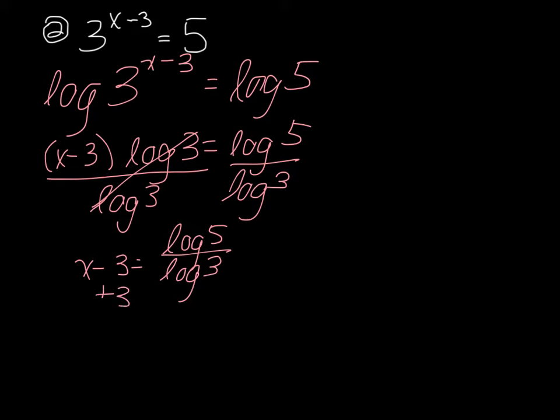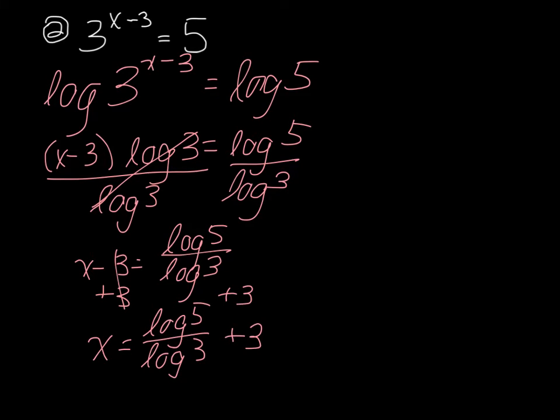To get x by itself, I would add 3 to the other side, so x has to equal the log of 5 divided by the log of 3 plus 3. Again, if the question asked you to round to the nearest hundredth, we would get approximately 4.46.